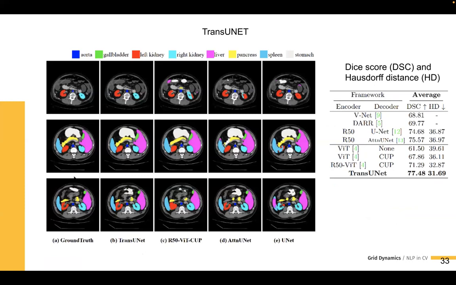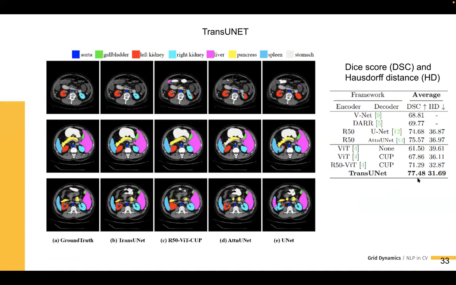You can see here ground truth labels on the medical data set, and Transformer Unet and the original Unet on the right. Maybe these are cherry-picked examples, but visually we can see that it is better. Just adding transformers to the original Unet, and you get better results.